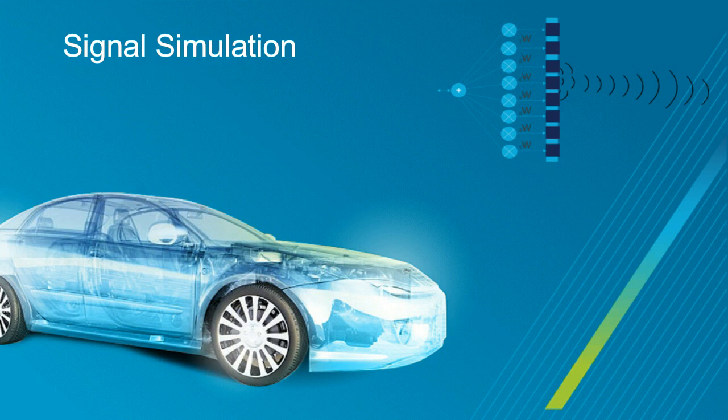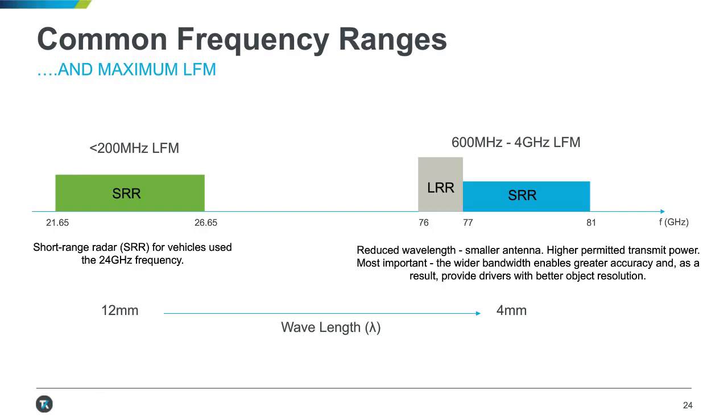So here are the two common frequency ranges. The lower one, the 24 gigahertz band, wavelength of about 12 millimeters, we'd see chirp bandwidths of about 200 megahertz, and predominantly used for short-range radar.